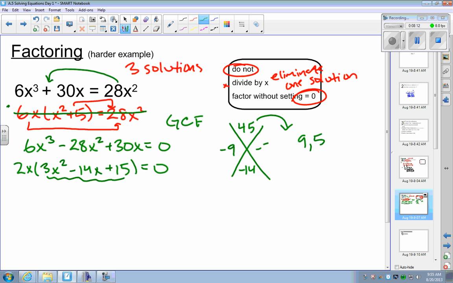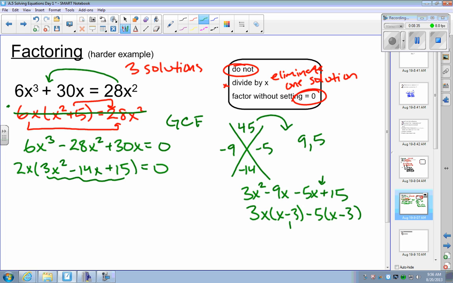So if I went -9, -5, then I write this out. 3x squared minus 9x minus 5x plus 15. GCF it. Make sure you change this sign when you pull that negative out. These match up, so I'm good. So I'm going to take this one as well. So this whole thing breaks down.